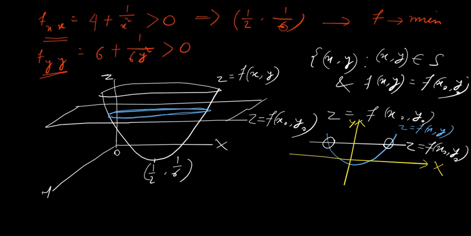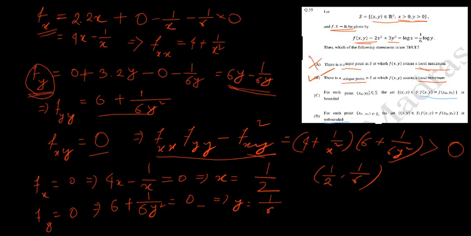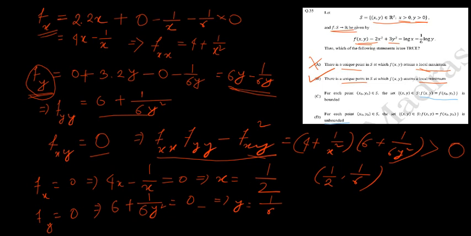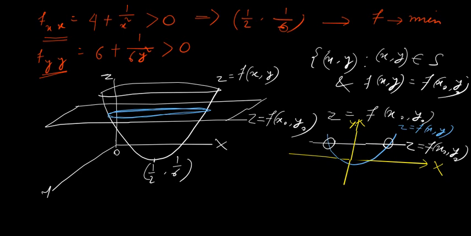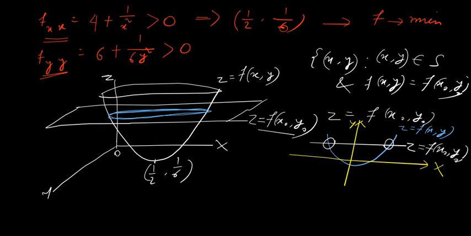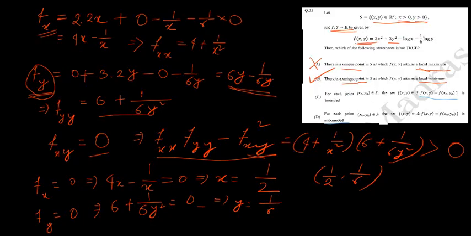So this plane z equals f(x0, y0) cuts this curve z equals f(x, y) at only 2 points. That means there is a bounded solution. For each (x0, y0) belonging to S, the set is bounded.